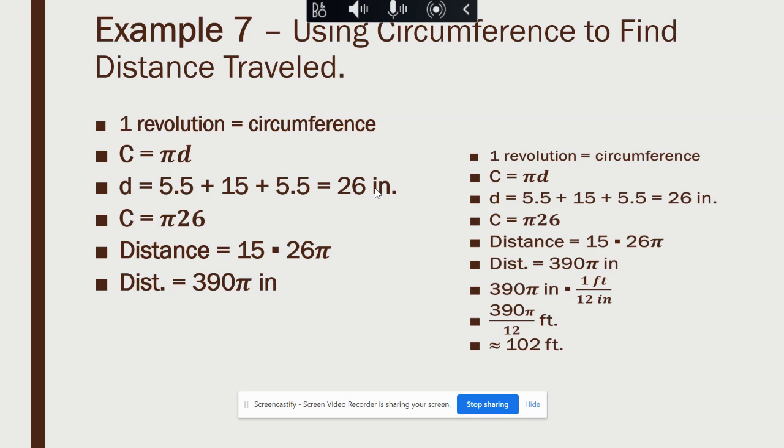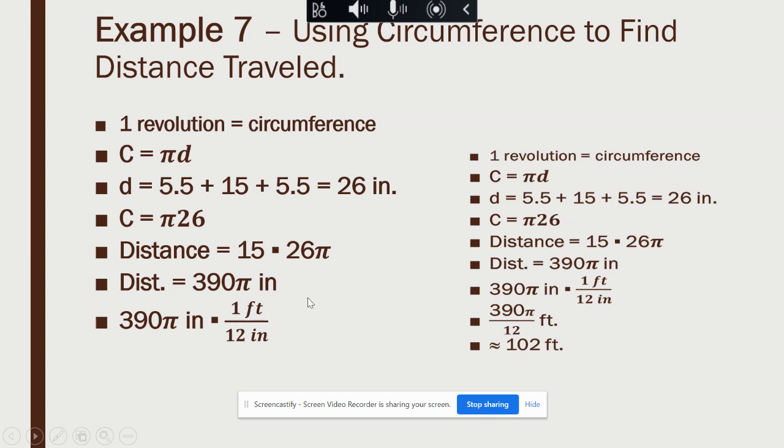Now, usually when we talk in distance, we want feet, not inches, right? So we could multiply by 3.14 to get our total inches, but we don't like inches. So let's convert it to feet, see how far we can go in feet. And I want to avoid rounding errors, which means I'm going to do the conversions first. Okay. So there is 1 foot in 12 inches, 12 inches in 1 foot. So inches and inches will cancel if I set it up in this fraction form here.